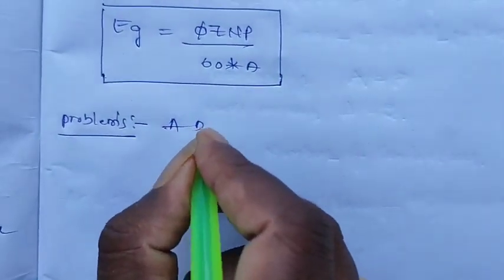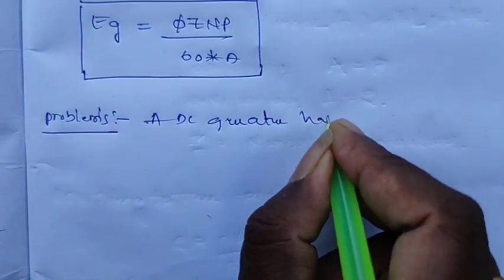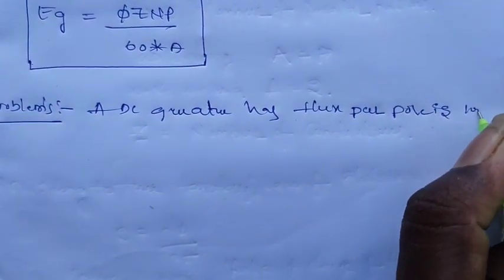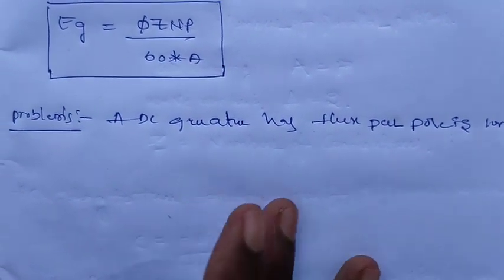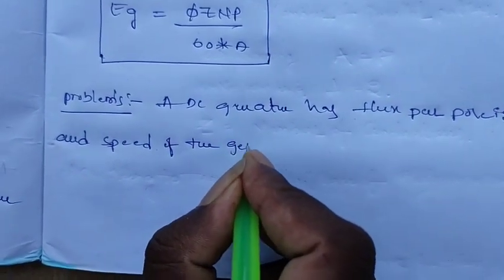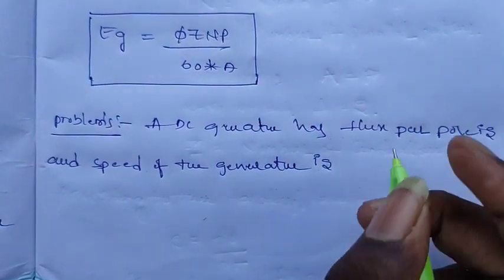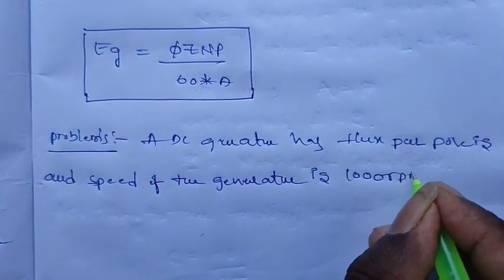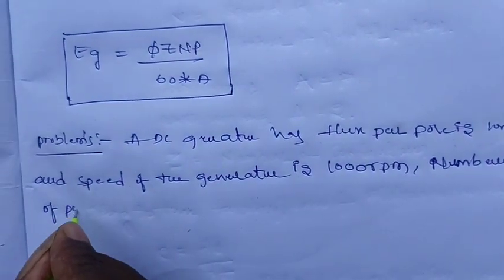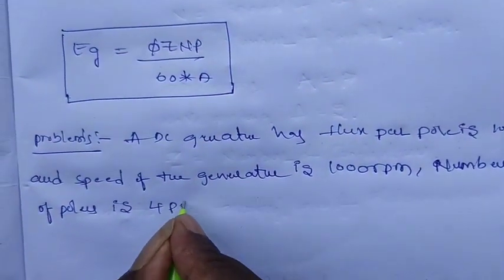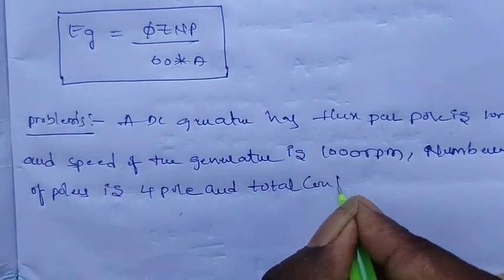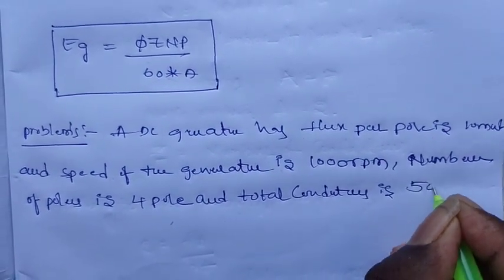Problem: A DC generator has flux per pole of 10 milliwebers, and speed of the generator is 1000 rpm, the number of poles is 4, and total conductors is 500.